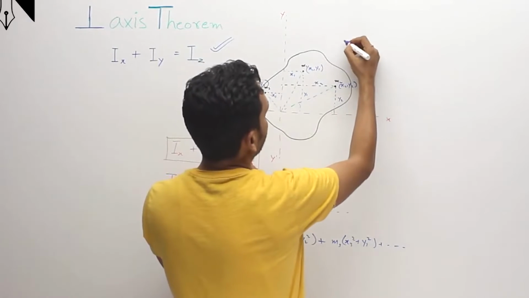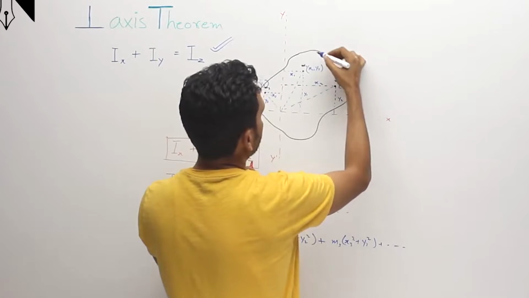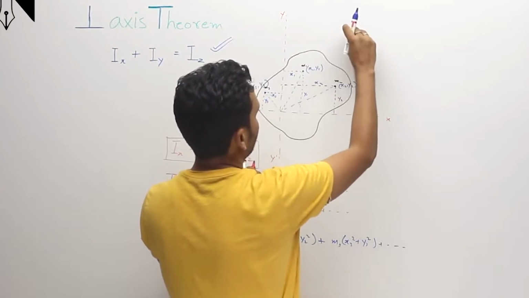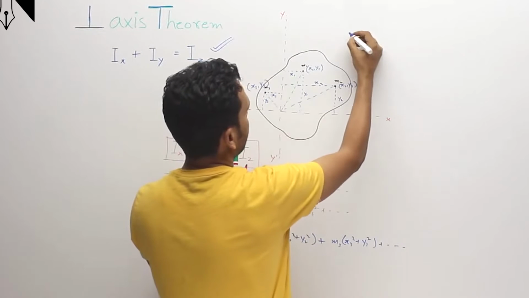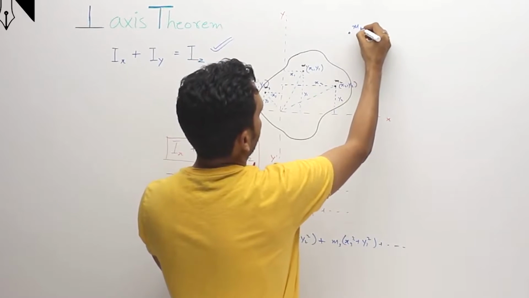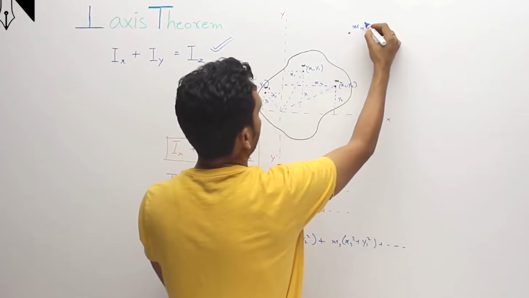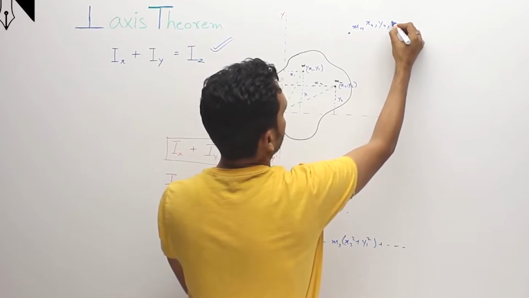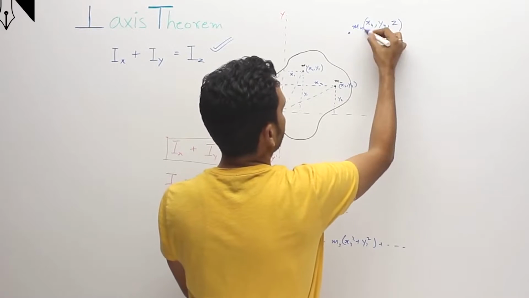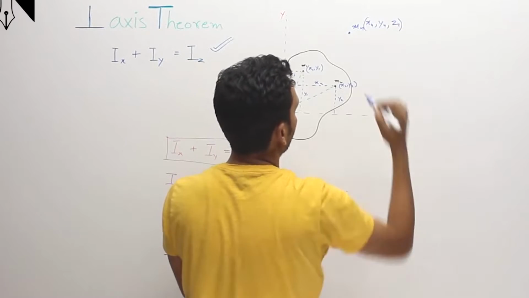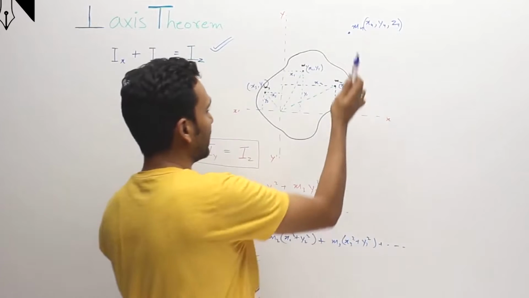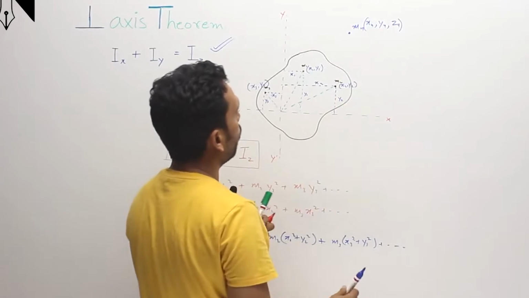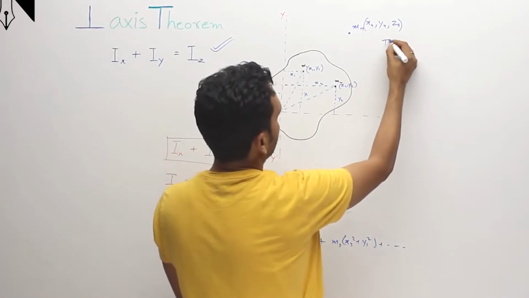I have taken another mass of the same body, so I'll just draw it over here so that it doesn't make a mess. Suppose that is m4, and its coordinates are x4, y4, z, or z4 if you want. So that is having a height of z. Now what would be Ix for this?